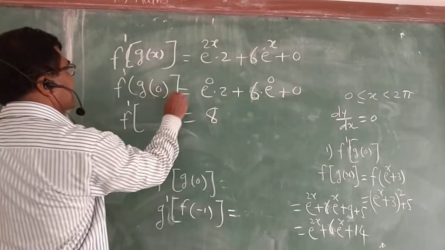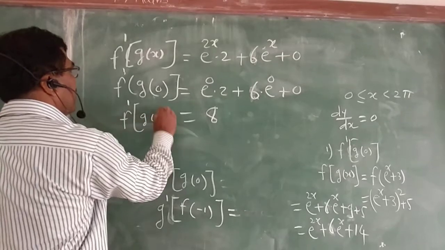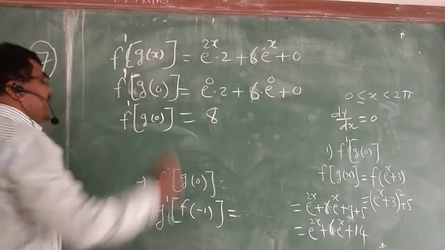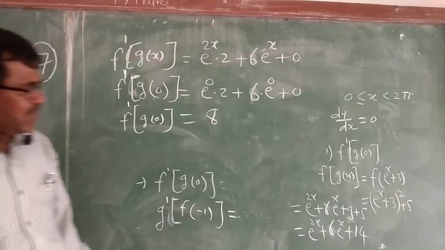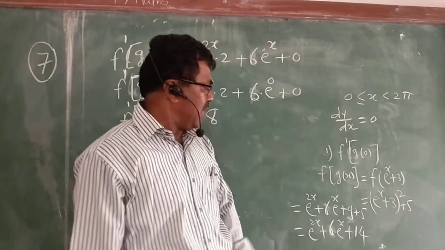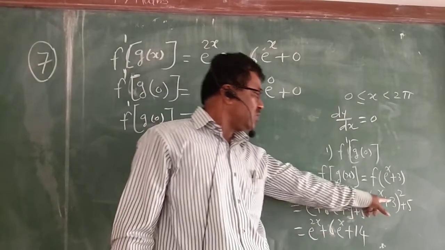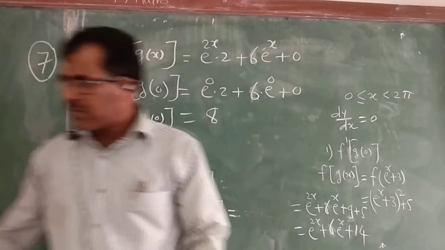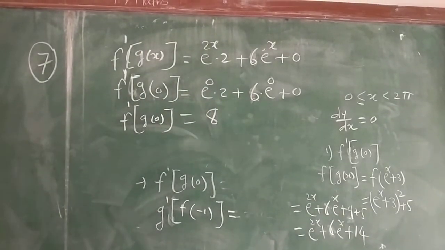That is f dash g of 0. See over here, a plus b whole square equal to a square plus 2ab plus b square. And simplify.